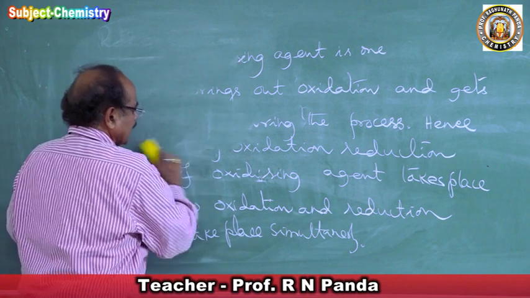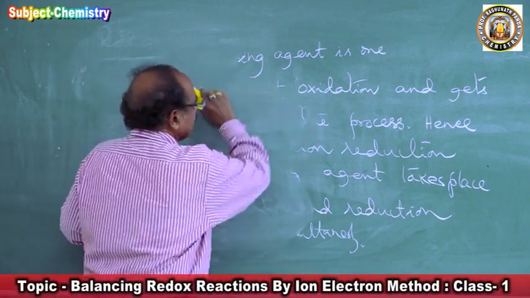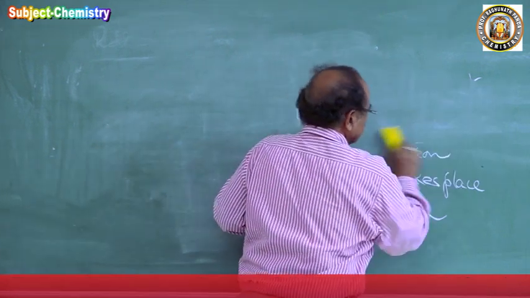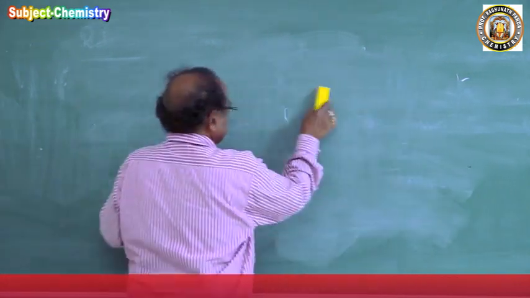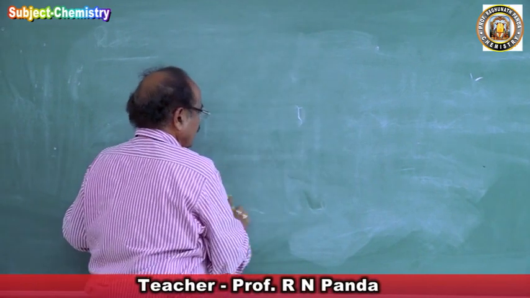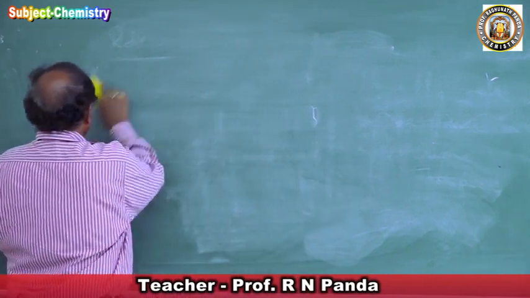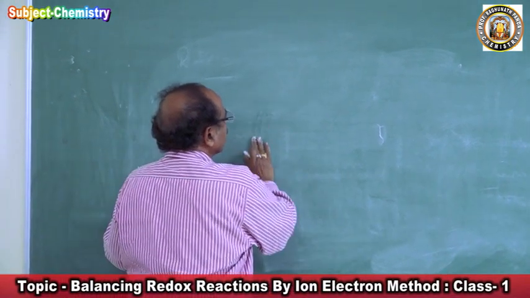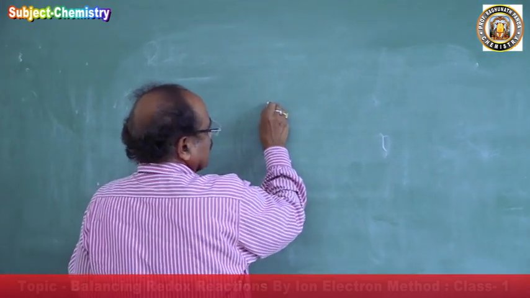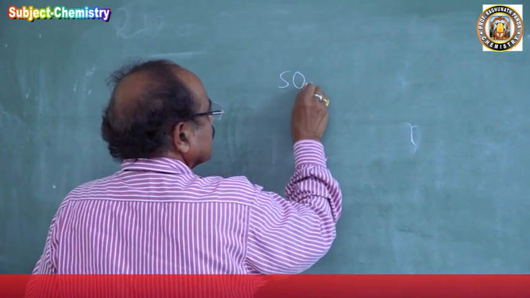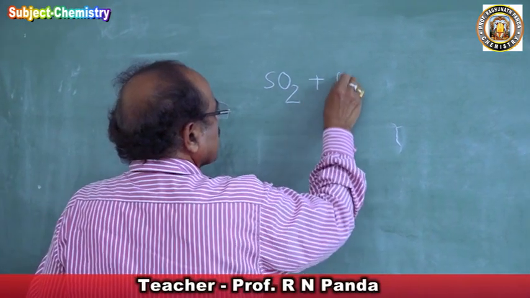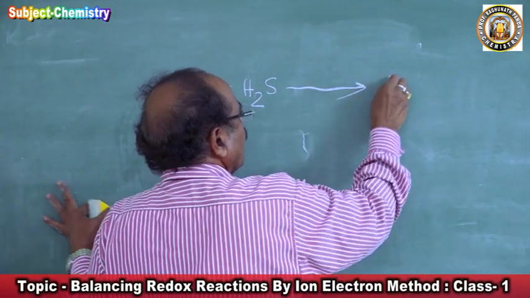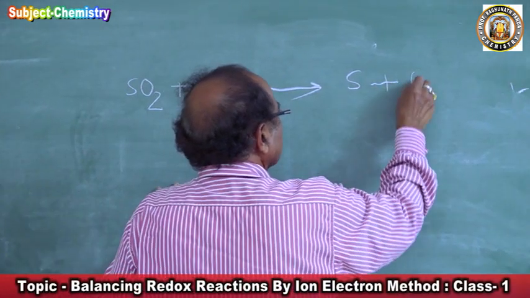So we'll take an example like this. Suppose we take sulfur dioxide oxidizes hydrogen sulfide to form sulfur and water.